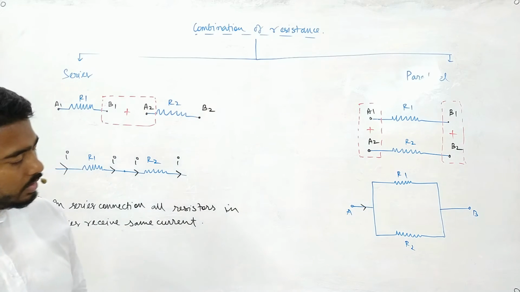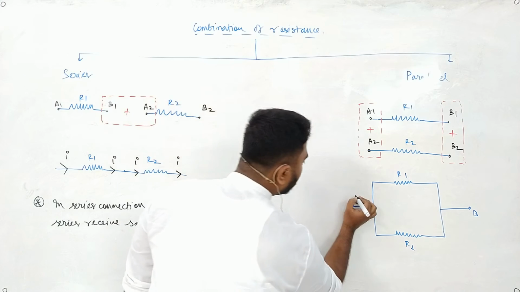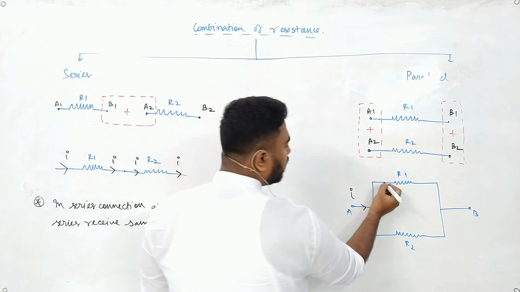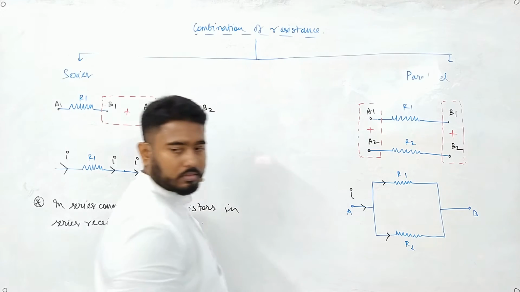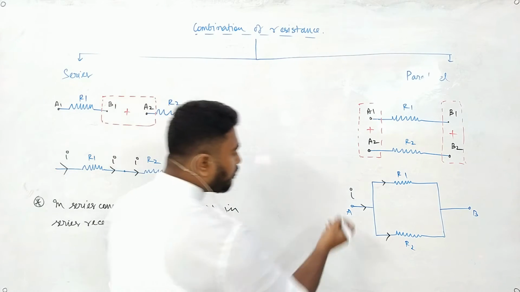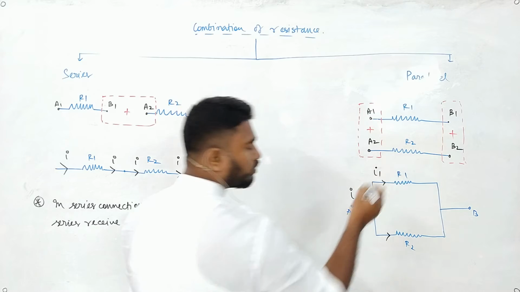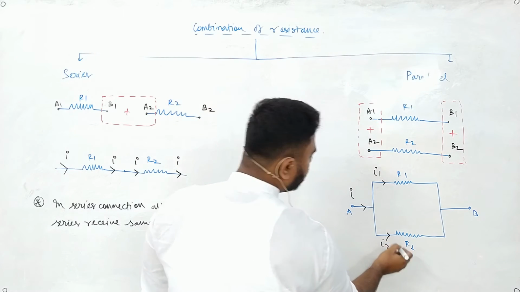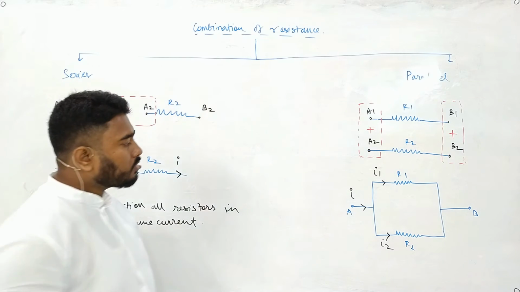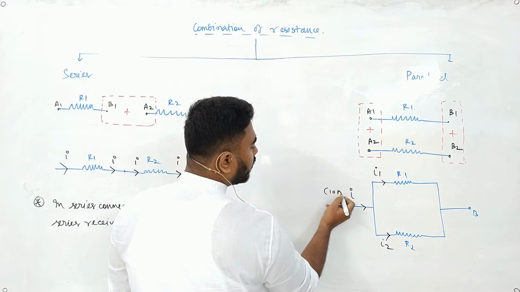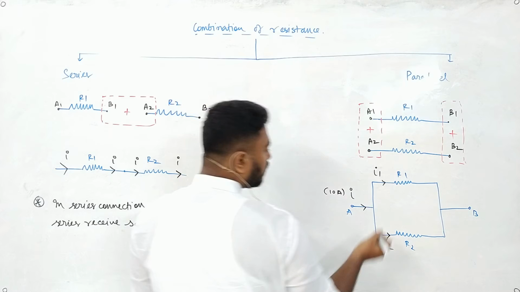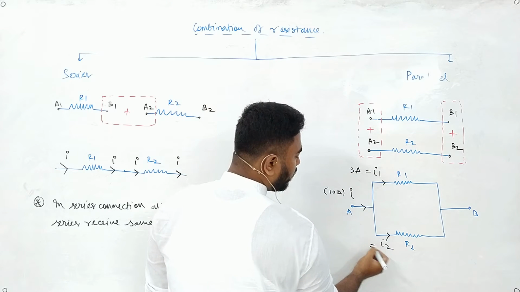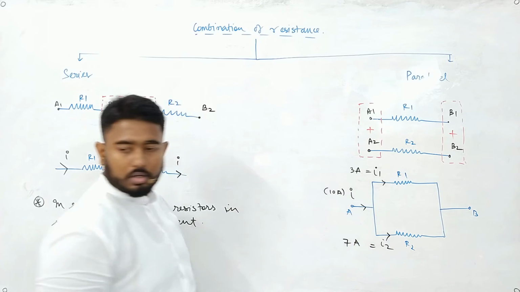Now let us come to parallel resistors. See what happens in parallel. If a current I comes in here, this current will get divided into two parts. A part of the current, I1, will flow through R1, and a part of the current, I2, will flow through R2. Suppose I is 10 ampere, then it can happen that I1 will be 3 ampere and I2 will be 7 ampere.